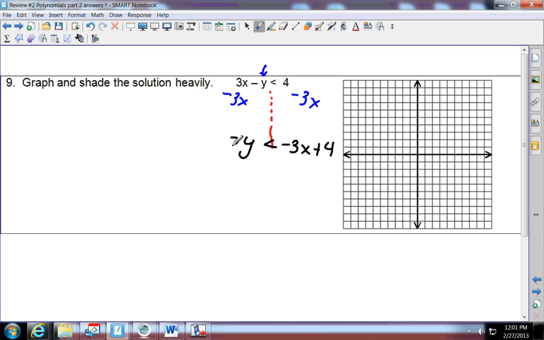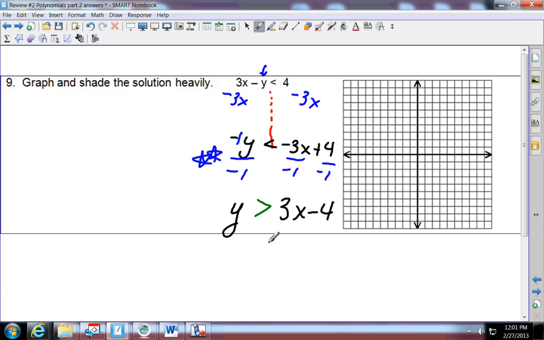No, you cannot. It has a negative y. So that's like a negative 1. So I'm going to divide everything by negative 1. You have to flip the sign when you divide or multiply by a negative. So now it becomes y is greater than 3x minus 4.